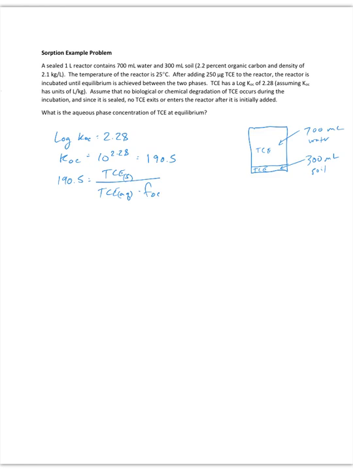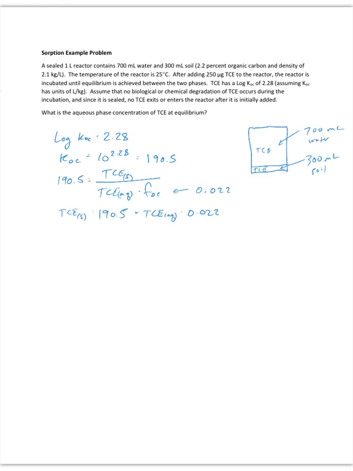Okay, and so this is 0.022 because it's 2.2% organic carbon. And so I'm just going to go ahead and write TCE solid in terms of the rest of it. So I get 190.5 times TCE aqueous times 0.022.